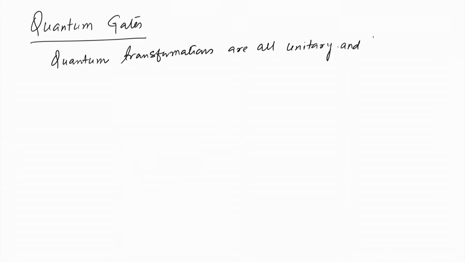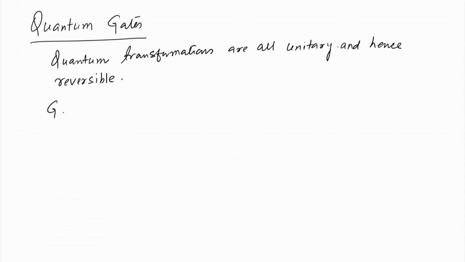And very importantly, they do not destroy the quantum states that we are interested in, or they do not disturb. So, these quantum gates are also reversible in that sense.